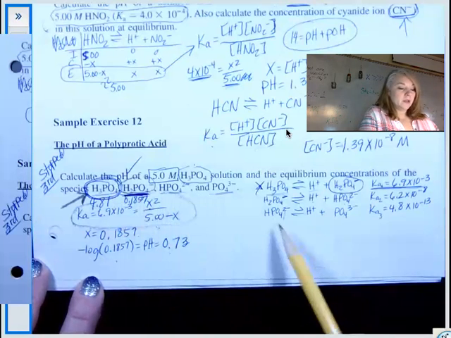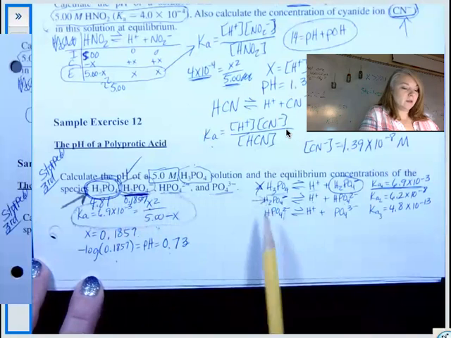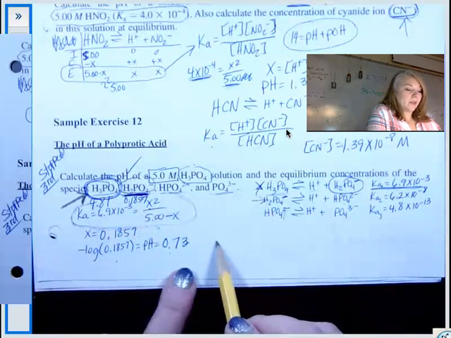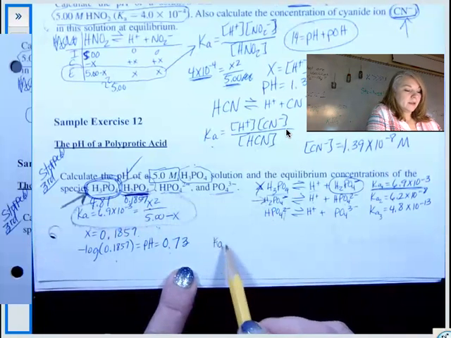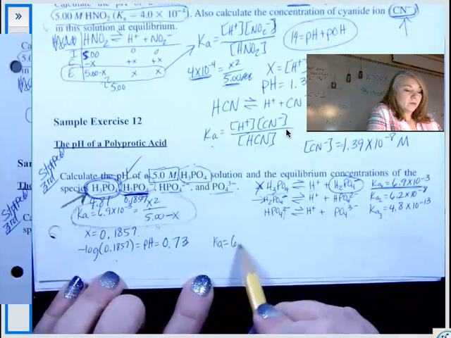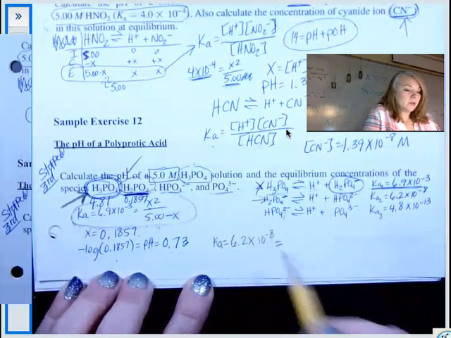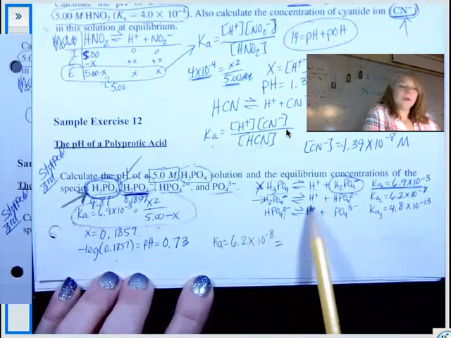All right, so now let's work with the next ionization, and so we need a Ka expression for that. So Ka is equal to, I'm just going to go ahead and plug in numbers, 6.2 times 10 to the negative 8 equals, on top, we would have H plus, right?